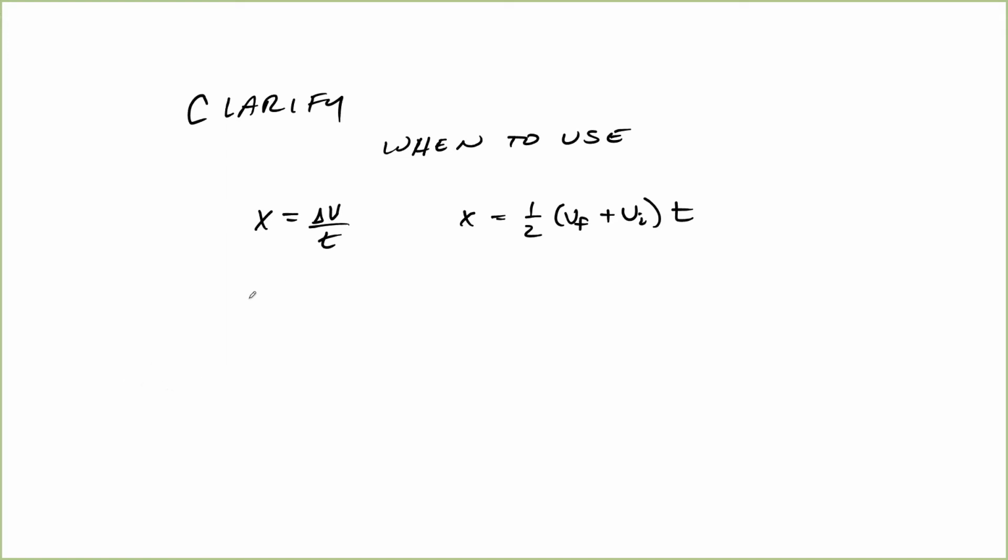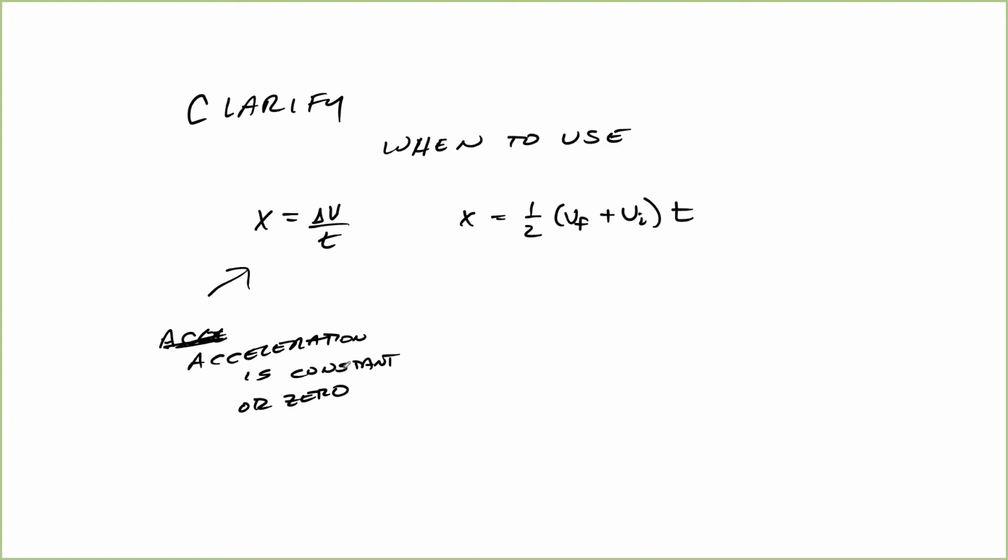Now, this one is going to be when acceleration is constant or zero. This means that we have constant velocity.